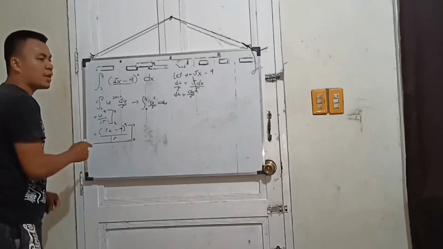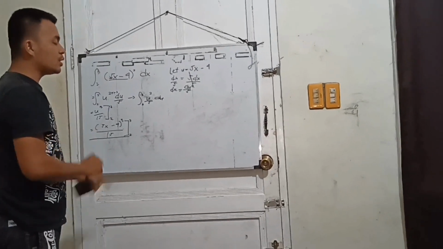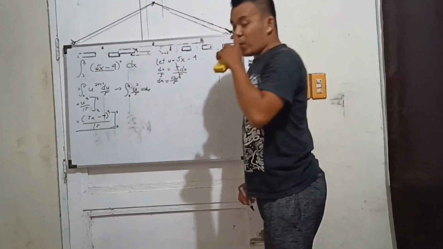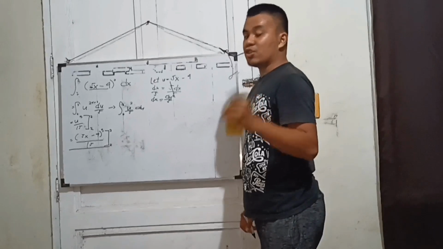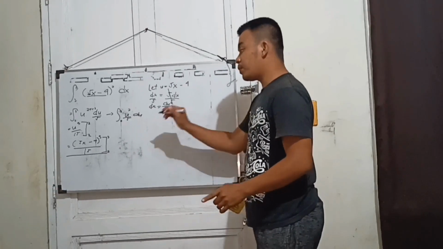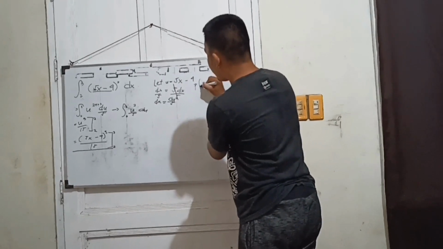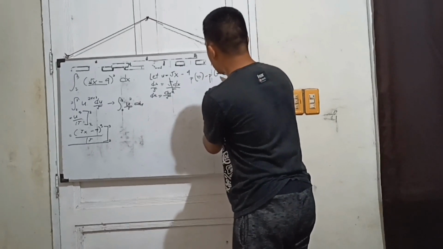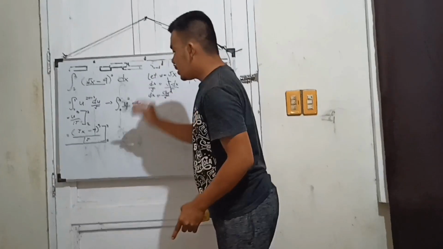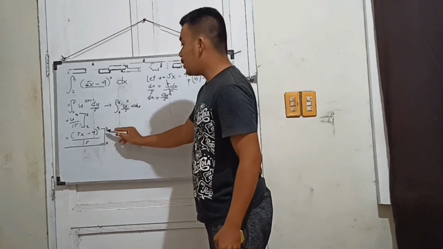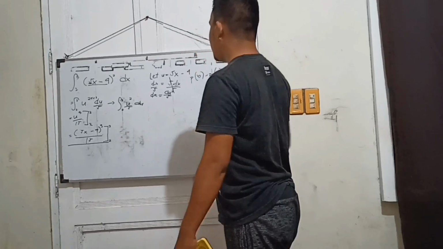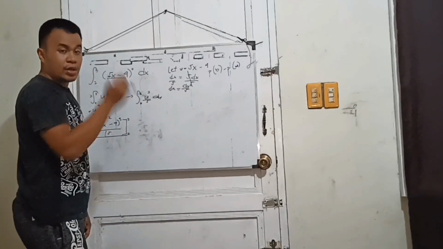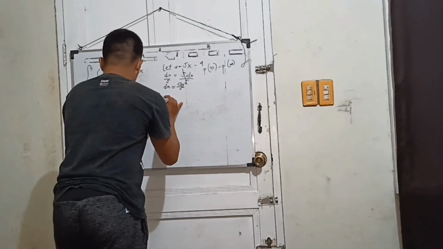This is the expression that we will use when we are solving definite integration. But first, what is the formula again of definite integration? The formula of definite integration is F of b minus F of a. Let us be reminded that the lower limit is for F of a and the upper limit is for F of b. So, when we solve it with our formula, it will be like this.